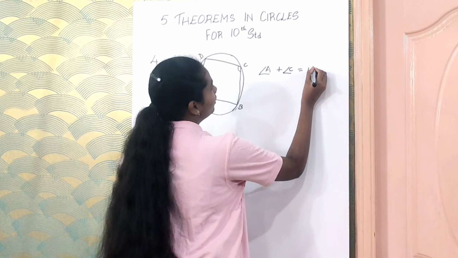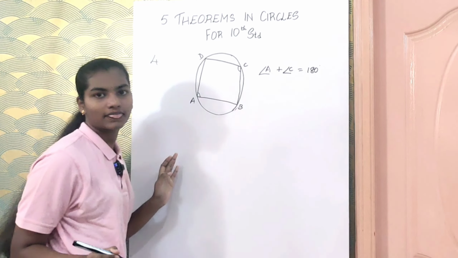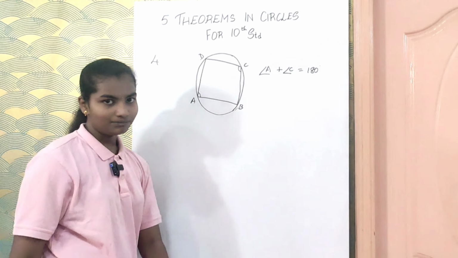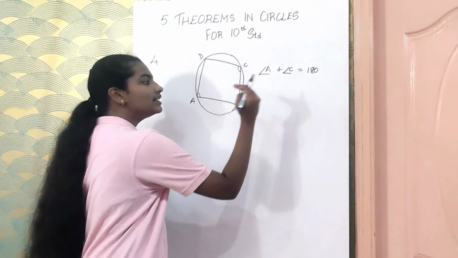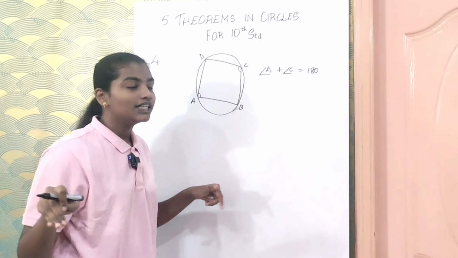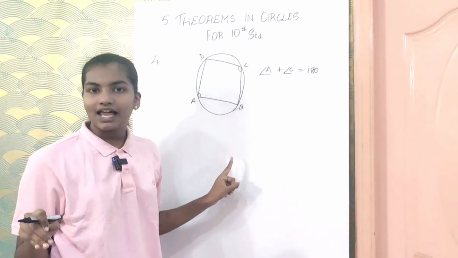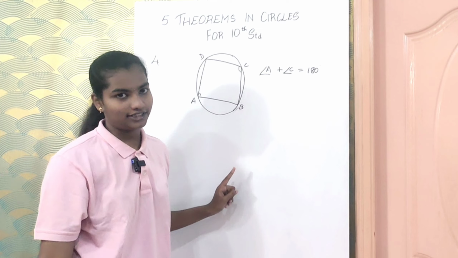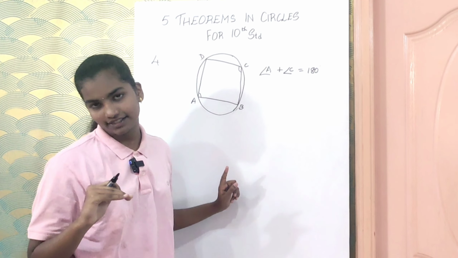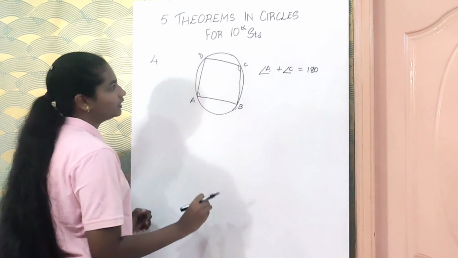Supplementary means 180. The sum of the opposite angles of a cyclic quadrilateral is supplementary, that is 180 degrees. That is the fourth theorem.